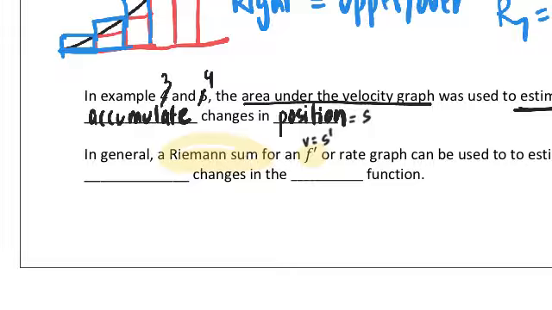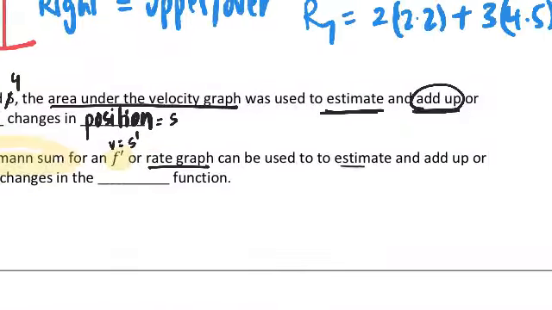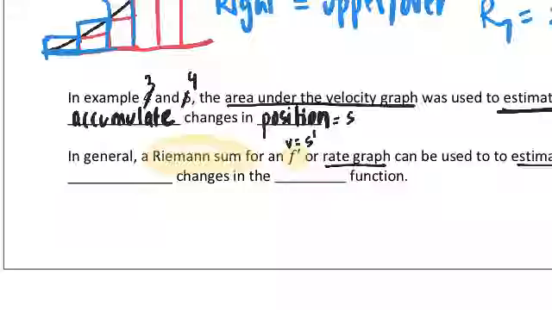And we can say that in general, a Riemann sum for an f prime graph, in this case, velocity is equal to s prime. Position is s, velocity is s prime, right? So a Riemann sum for an f prime or a rate graph, and f prime is usually a graph of a rate, can be used to estimate and add up or accumulate changes in f.